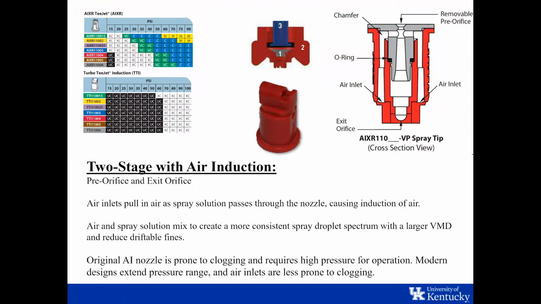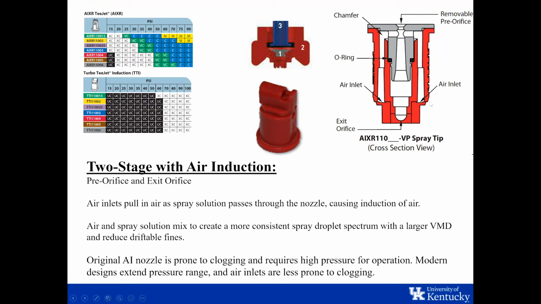Now, if a person's really wanting a very large droplet, or if your goal is to have some big droplets because you're trying to avoid something like drift, in those cases, you're probably going to want to go with an air induction nozzle. The way an air induction nozzle works, typically, and these are always going to be a two-stage nozzle as well, so they'll have a pre-orifice and an exit orifice.